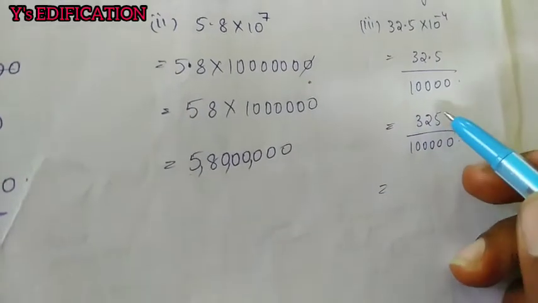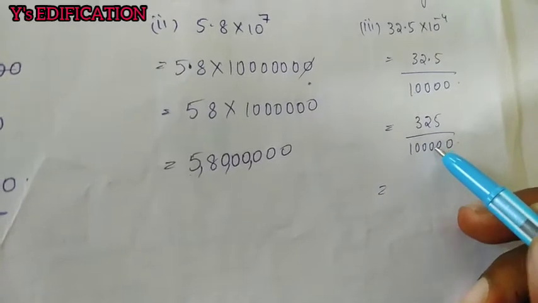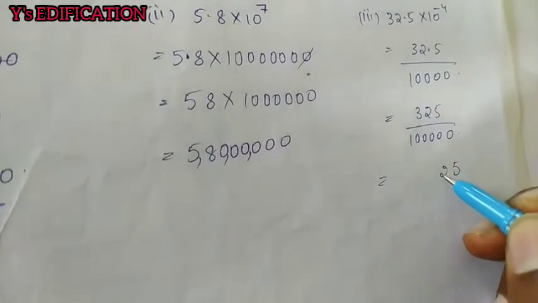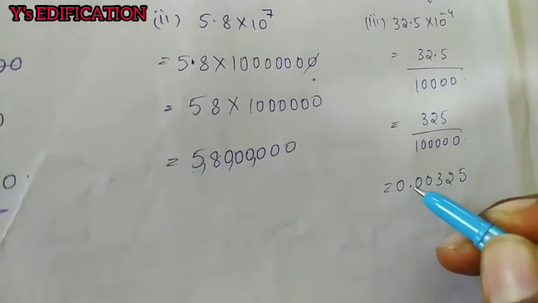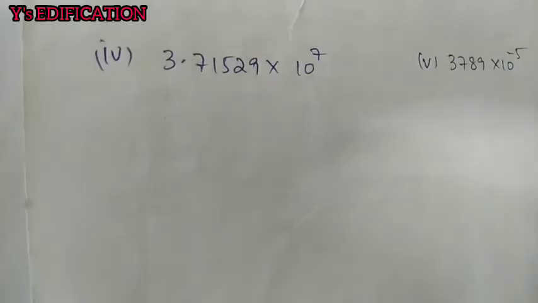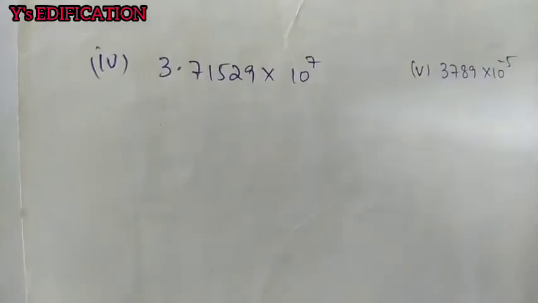So keep the point 5 digits before the decimal. Okay, 1, 2, 3, 4, 5. Now take it 1, 2, 3, 4, 5. So it became 0.00325. Okay.